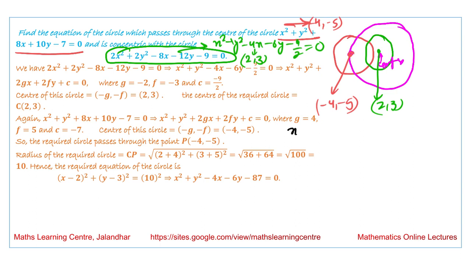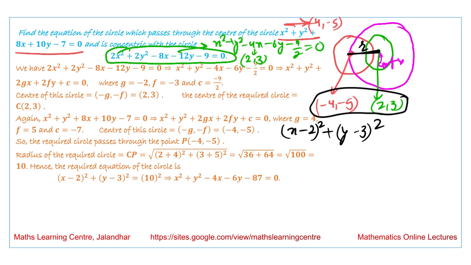So it is x minus 2 square plus y minus 3 square. We are saying this is the radius we have, so we have to calculate the distance between these two. So this is equal to square root of 2 plus 4 square plus 3 plus 5 square, whole square. So the answer we obtain over here is this value.